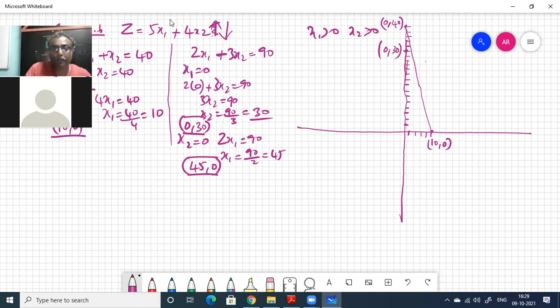Then this side 45 comma 0. 10, 12, 14, 16, 18, 20, 22, 24, 26, 28, 30, 32, 34, 36, 38, 40, 42, 44, 46, 48, 50. So 45 is here. 45 comma 0. So join these two lines now.